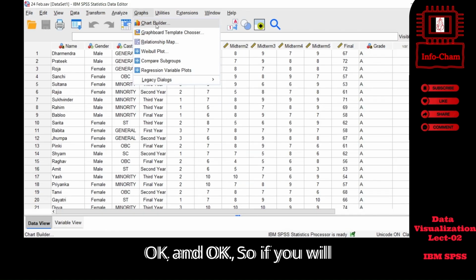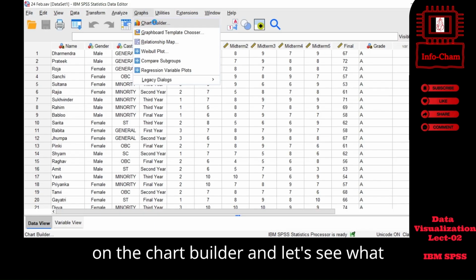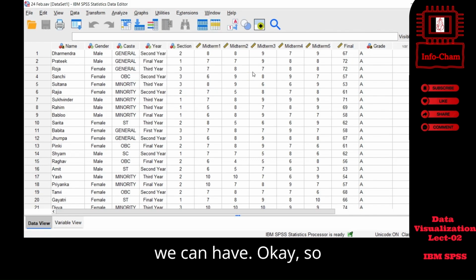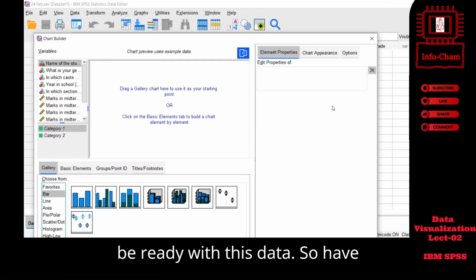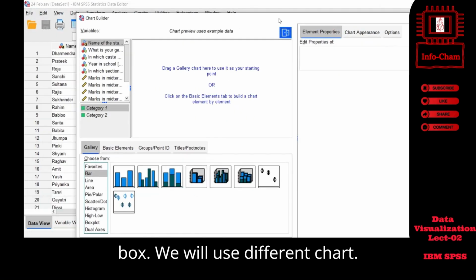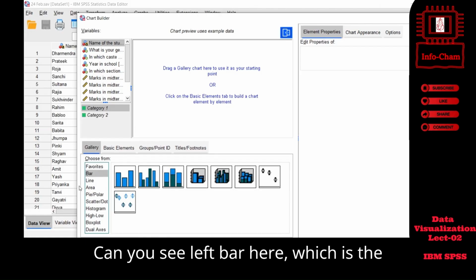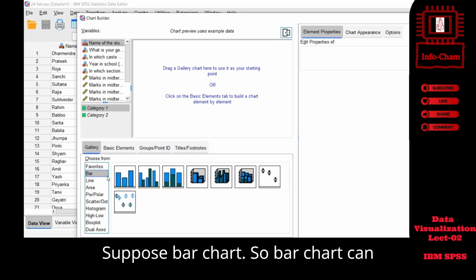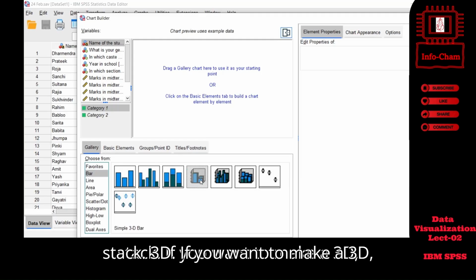Mostly I use Chart Builder, so here we click on Chart Builder and let's see what we can have. Please be ready with this data. Have a look, we have this type of box. We will use different charts. Can you see the left bar here, which shows different types of charts? Suppose bar chart. A bar chart can be simple, clustered, stacked, or 3D.